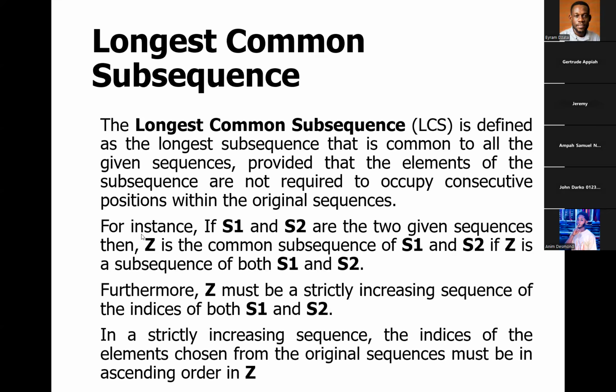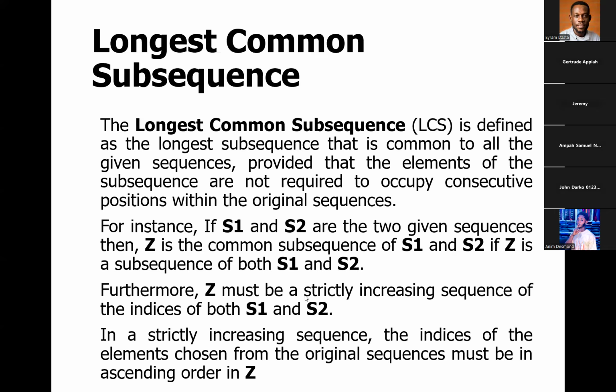For instance, if S1 and S2 are two given sequences, and Z is the common subsequence of S1 and S2, then Z is a subsequence of both S1 and S2.